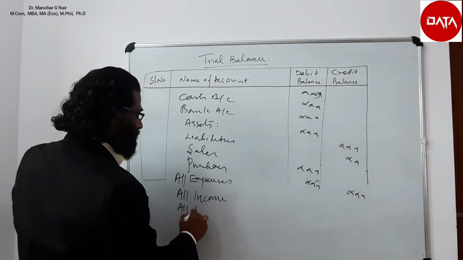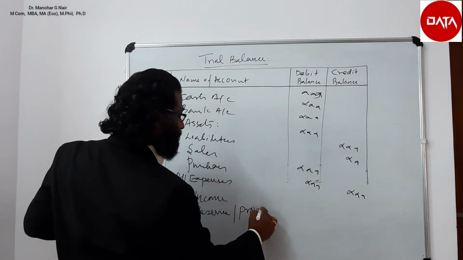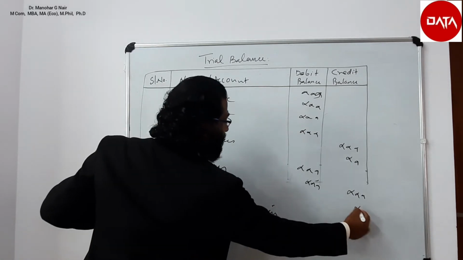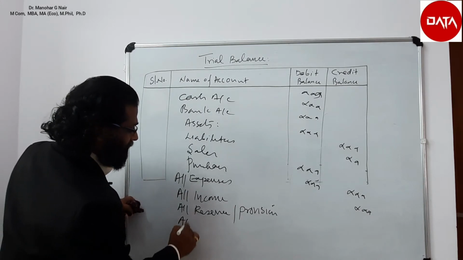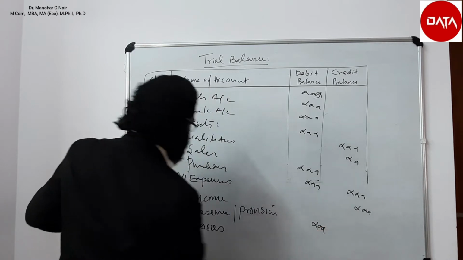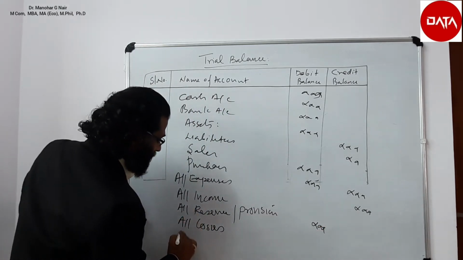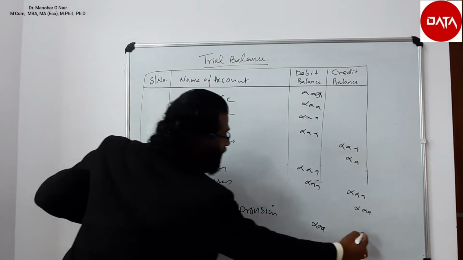All reserves and provisions, credit balance. All losses, debit balance. All profits, credit balance.